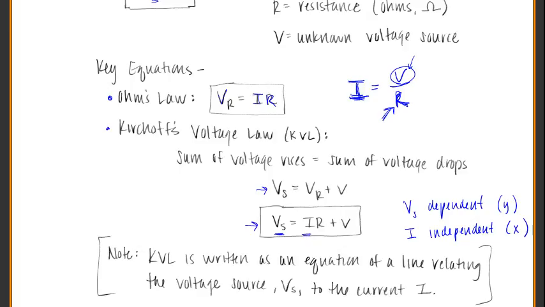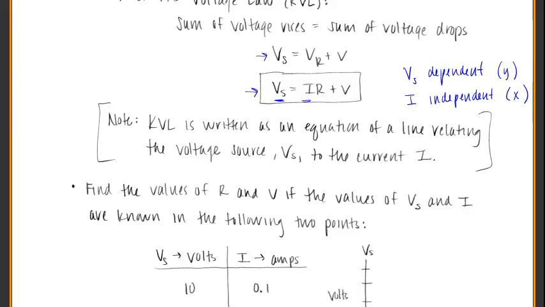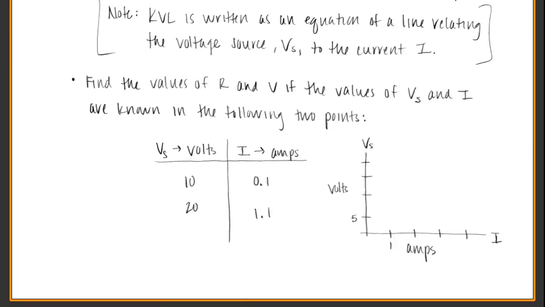So, moving on to what the problem is going to ask us to do so we can get some practice: we want to find the values of R and V if the values of the voltage and the current are known at the following 2 points. There's our dependent variable, and here's our independent variable. So I is what's being graphed on the x-axis, and voltage is what's being graphed on the y-axis.